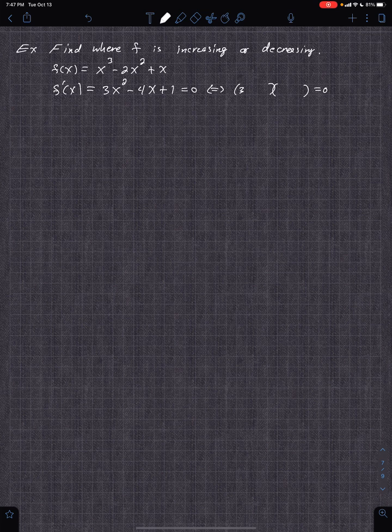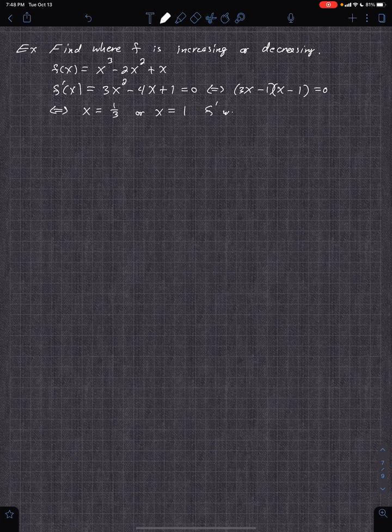It's going to be 3x, and then it's got to be minus 1 and plus 1, or I'm sorry, two minuses, minus, minus. And then the sum, of course, is negative 4. So you get two values where it changes sign. So f prime changes sign at 1/3 or at 1.